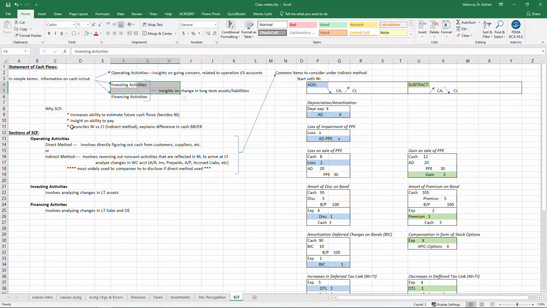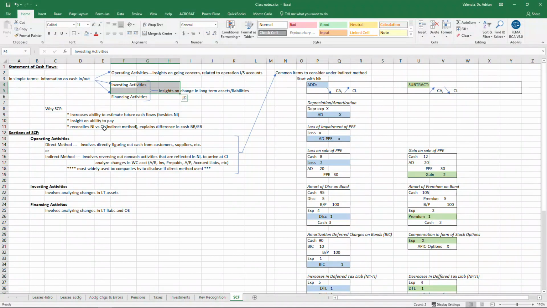Another important item that we see on the statement of cash flows, if we're using the indirect method, which most companies are, is that we see a reconciliation between what is net income on the income statement and what is possibly referred to as cash income. In other words, if we did not have this idea of the accrual method, if we were under the cash basis, then this would be our cash income.